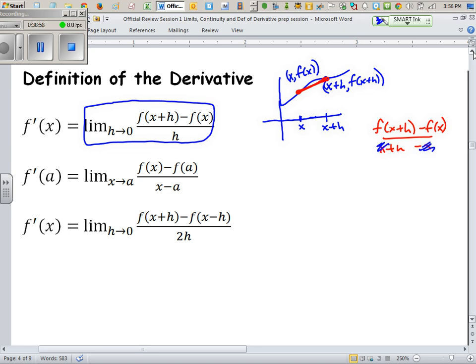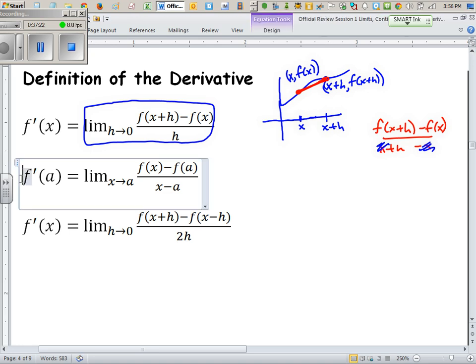So the picture that goes with this is this one. You've got 1 point at x, 1 point at x plus a hair, h. And so you then make the h shrink to 0, which brings the right point onto the left point and creates a tangent line instead of secant line. This is the most commonly tested one by far.